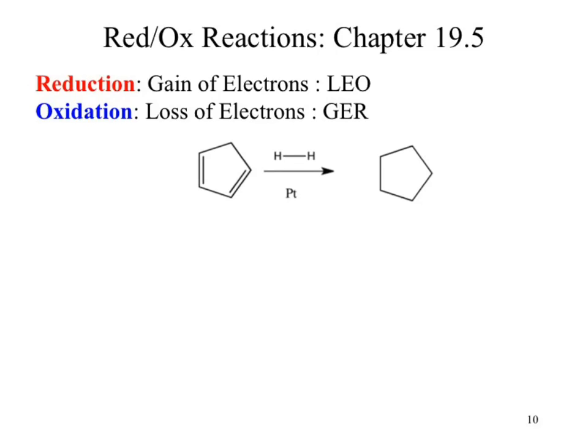What you're really looking at is that syn addition is our primary characteristic of this. What's happening in our redox reaction? Reduction is gain of electrons, oxidation is loss of electrons. So if we take a look at this reaction, the alkene plus hydrogen to just our alkane, how do we know that was redox? How would you figure out it was redox in Gen Chem?